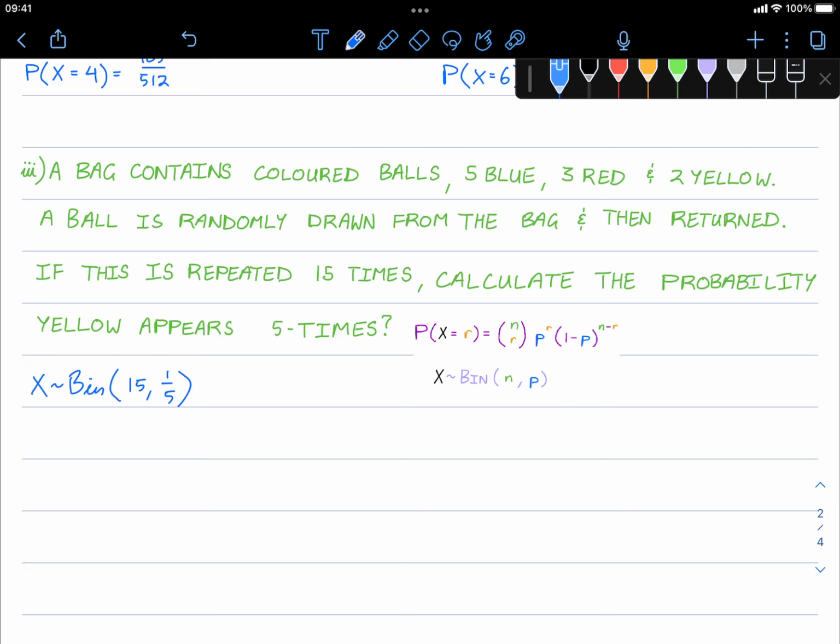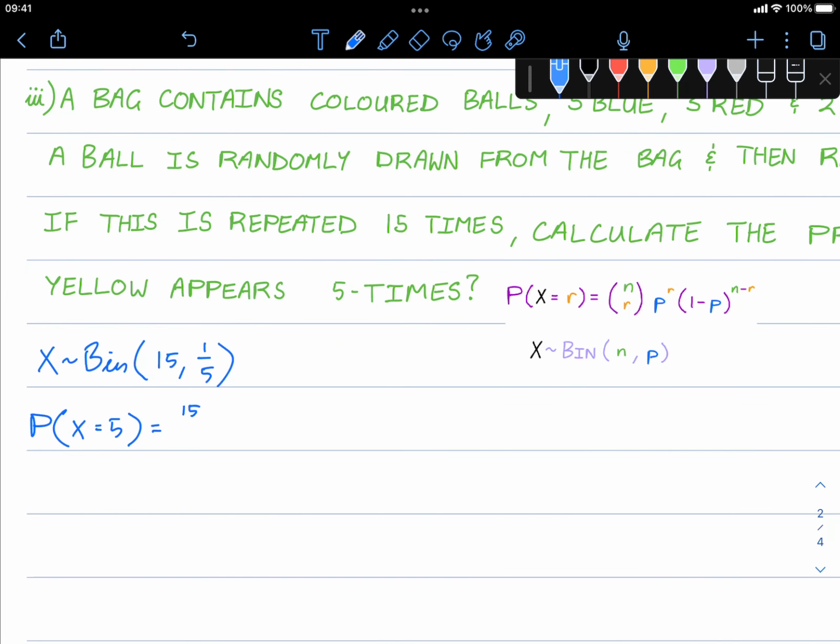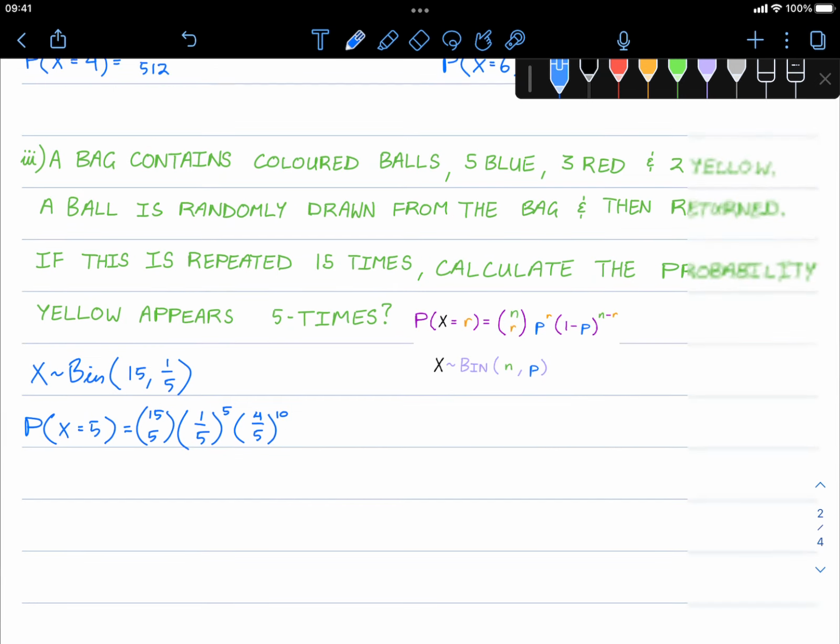And now we're simply applying our formula, this one here. So the probability of X equals the number of successes, which is 5. And that's going to be 15 choose 5. The probability of success is 1 in 5 to the power of 5. The probability of failure is 4 in 5 to the power of, the sum here should be 15, so to the power of 10.